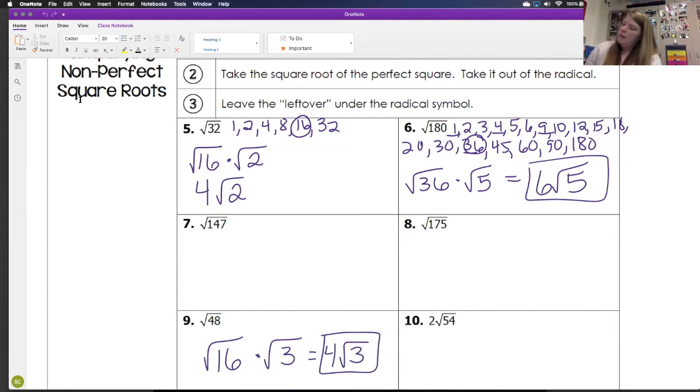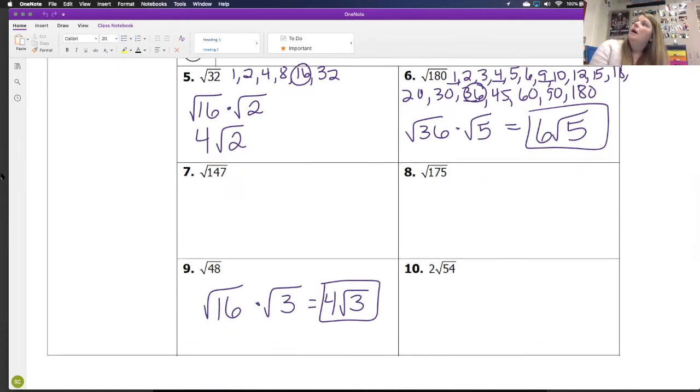Okay, so let's talk about number 10. A lot of you got started on number 10. Number 10 said 2 times the square root of 54. So let's just talk about 54. The factors of 54 are 1, 2, 3, 6, 9, 18, 27, and 54.